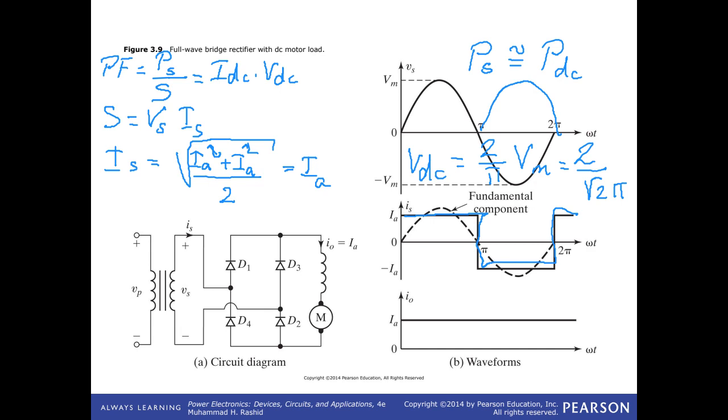Pardon, I wrote it wrong. Two over square root 2 times pi VDC.